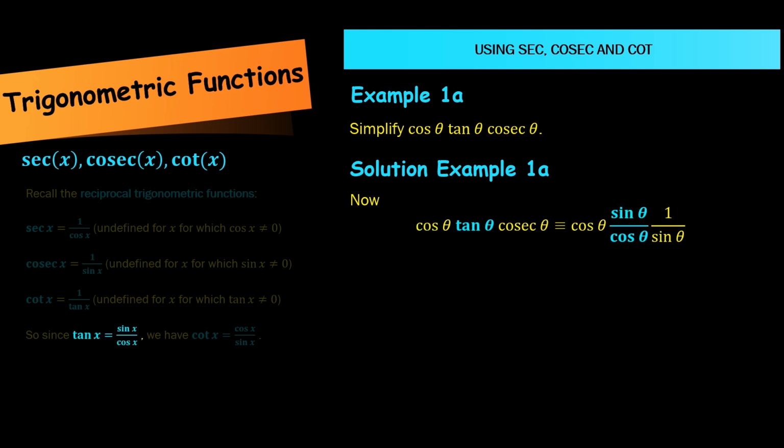We can interchange tan theta with sine theta over cos theta, and cosec theta with 1 over sine theta. Now we can cancel. The cos thetas cancel, and the sine thetas cancel, leaving us with 1.